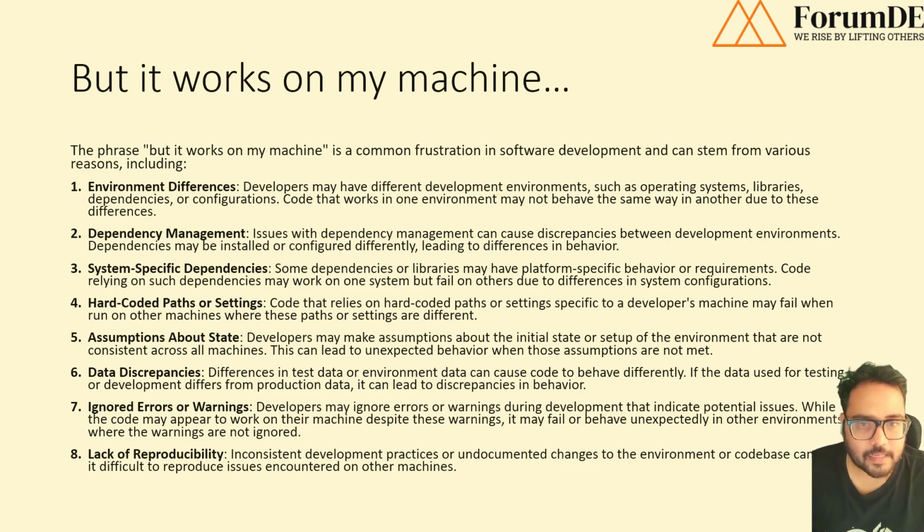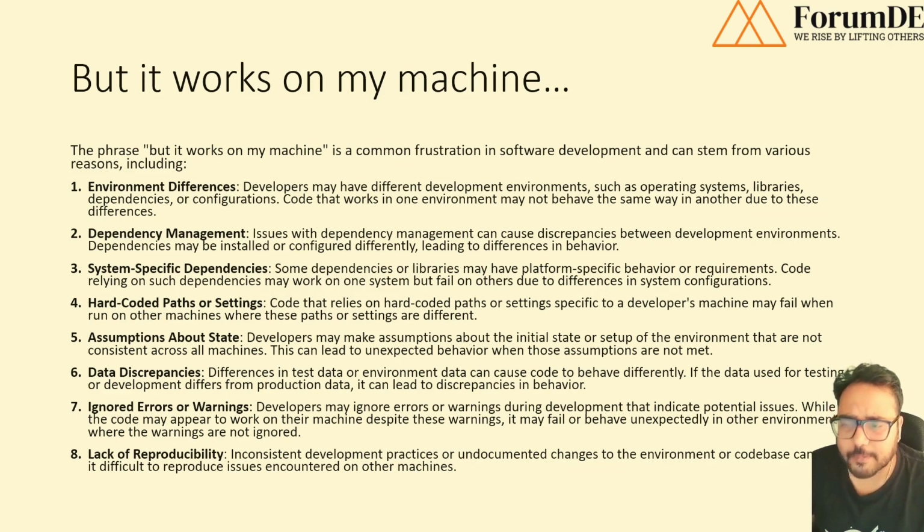There might be a version mismatch in the packages, which might be causing the application to function differently on different environments. Then there can be dependency management issues, like the software might have some dependencies, and those dependencies are not consistent in both the environments. So that also might cause the software to behave differently on both machines.